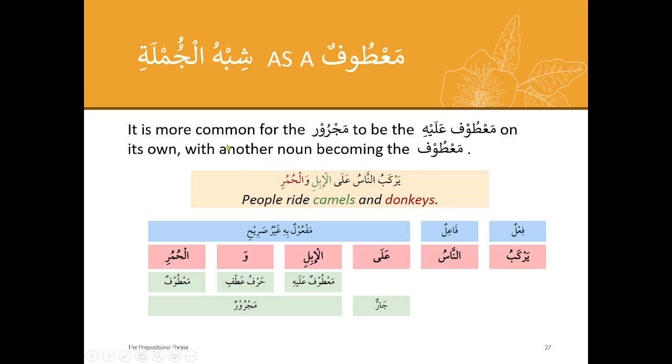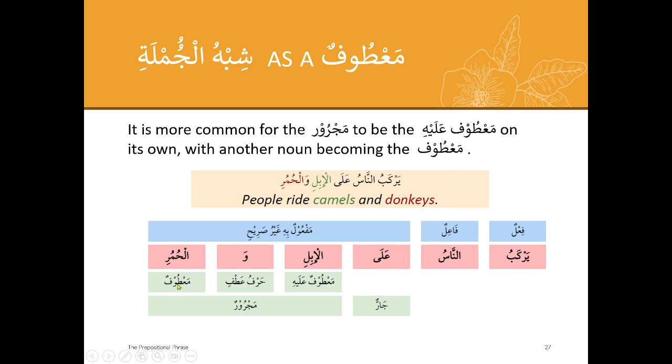Now, what happens here, it says that it's more common for the majrur, the one that follows the harf of jar, to be the ma'tuf alayh on its own, with another noun becoming the ma'tuf.